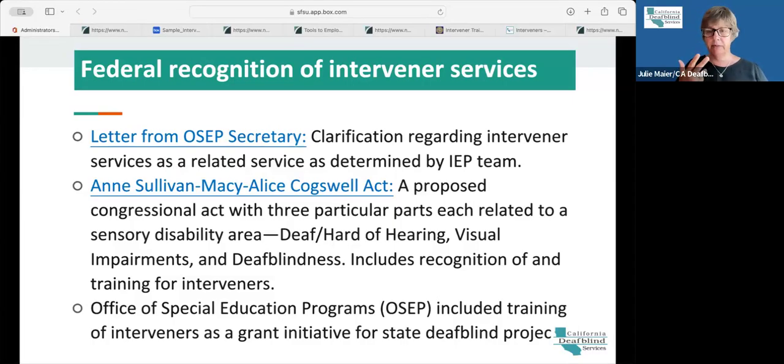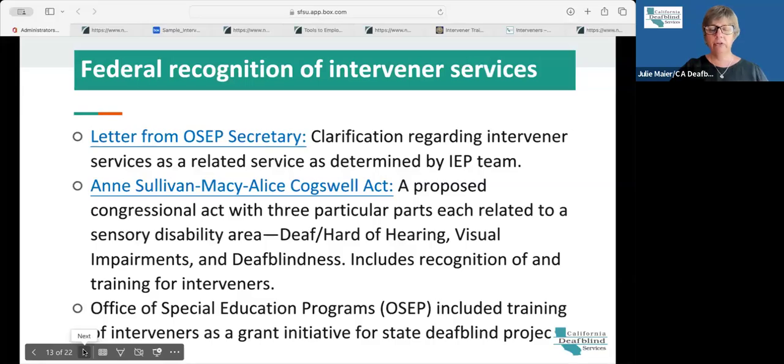There are 3 parts to the act, and each relates to a different low incidence sensory disability area. There is one that is specific to deaf-blindness, and it includes the recognition of and training for interveners. So the language is there that a student who is deaf-blind will be served by qualified staff that include a teacher of the deaf-blind, and an intervener when determined by the student's IEP team.